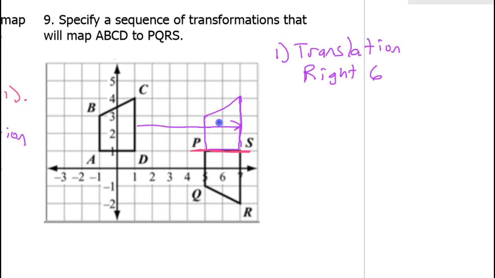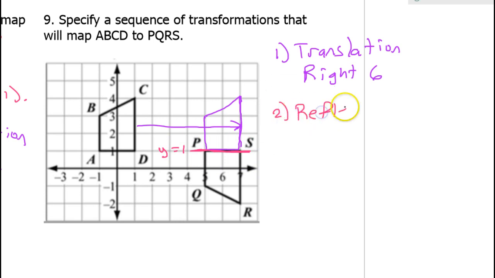So if I reflected over this line, the purple trapezoid would fall onto the black trapezoid. So that is a reflection over the line y equals 1. This is a horizontal line at 1. That's y equals 1.